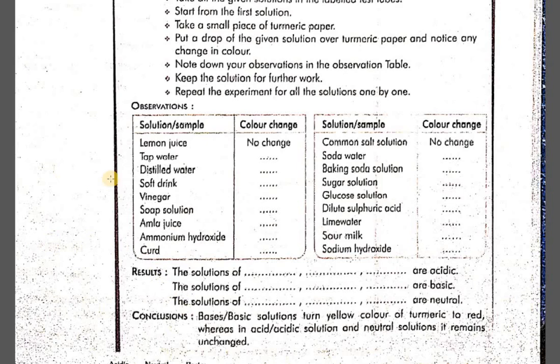So in this case, tap water, distilled water, common salt solution, sugar solution and glucose solution, all these 5 sample solutions will be neutral in nature. This you can verify with the help of other indicators, not with turmeric, because it does not change color in the acidic as well as the neutral medium.